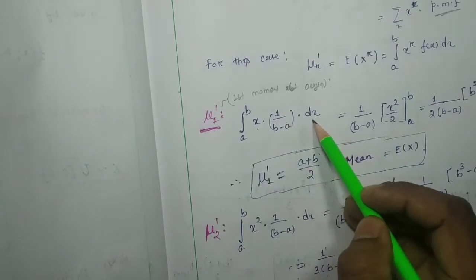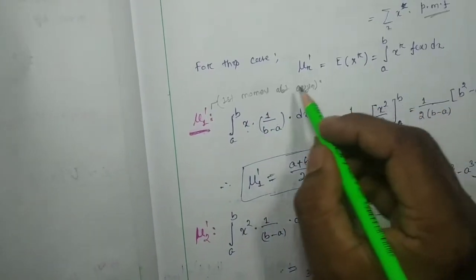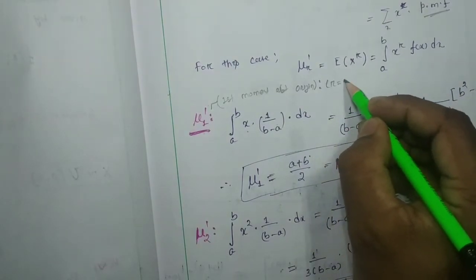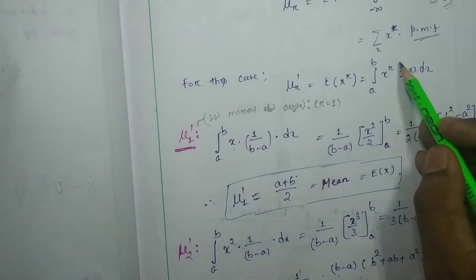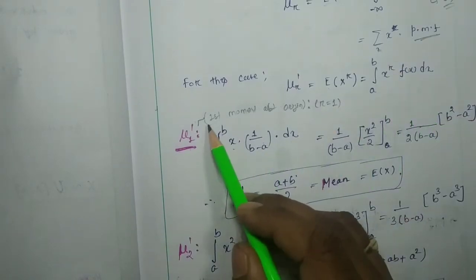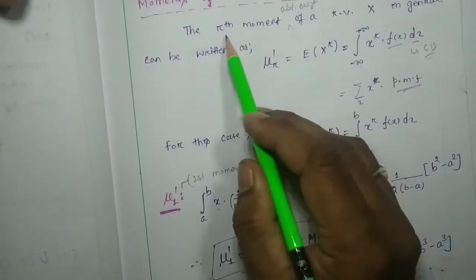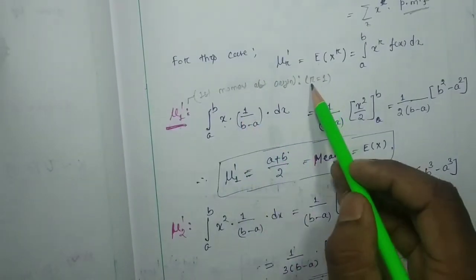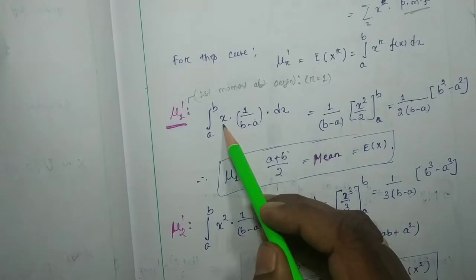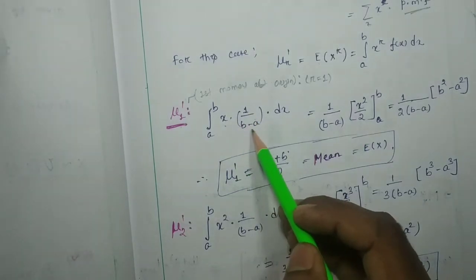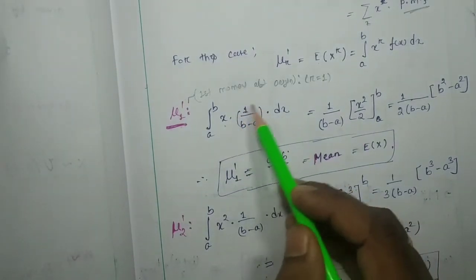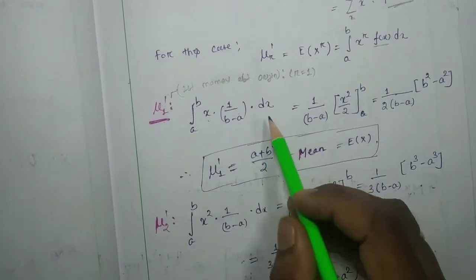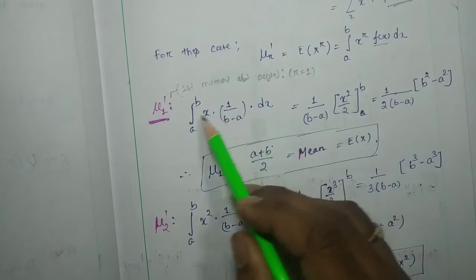So first moment about the origin means r equal to 1, because the rth moment is nothing but x to the power r. So it will be x into 1 by b minus a into dx. Here 1 by b minus a is nothing but your pdf for this case. So 1 by b minus a is taken outside of the integration.